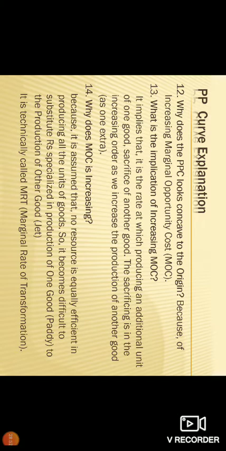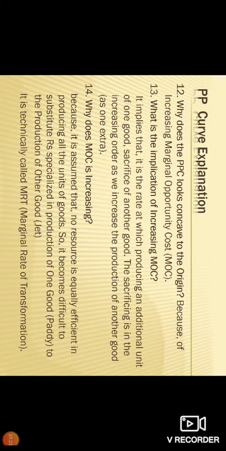Therefore, resources dedicated to one good are not equally efficient for the production of another good. For example, land used for paddy is not equally efficient if put into a mobile manufacturing unit. The income from a mobile factory may be more, while the output from paddy may be very little.